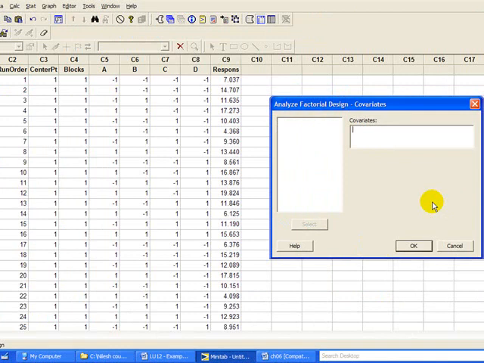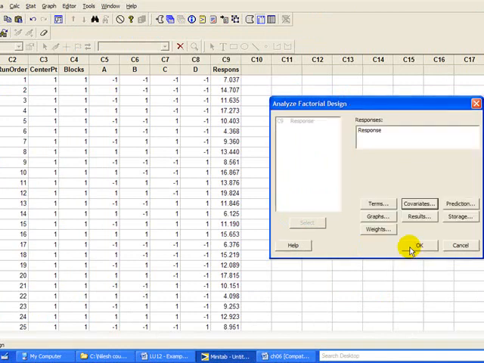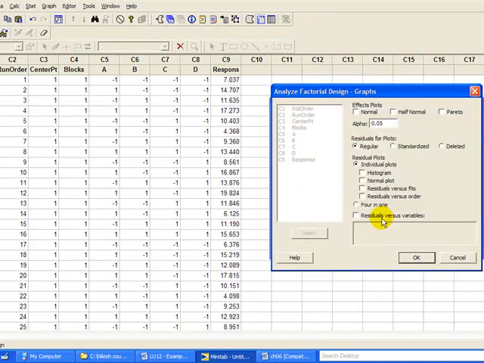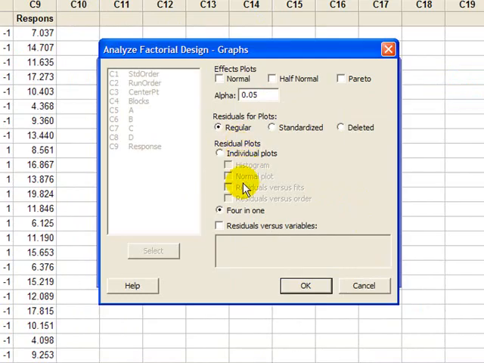Then covariates, there is nothing to enter there. Graphs, again we're going to use the 4-in-1 plot to get all these things covered, but basically we are mainly interested in the normality plot and the residual versus fits, residual versus predicted values. These two graphs we are mainly interested in, but anyway I'm going to select 4-in-1, and we can also plot the residuals versus variables.